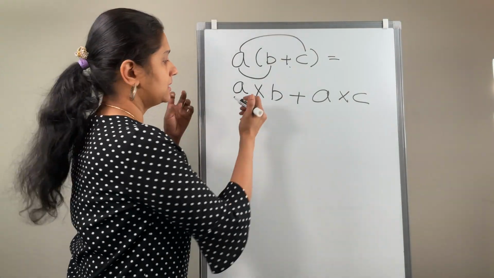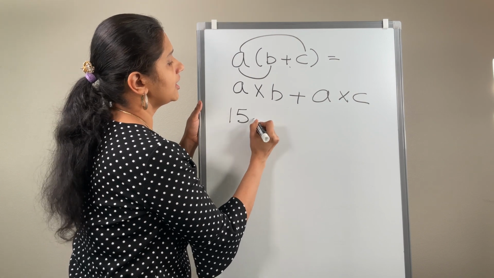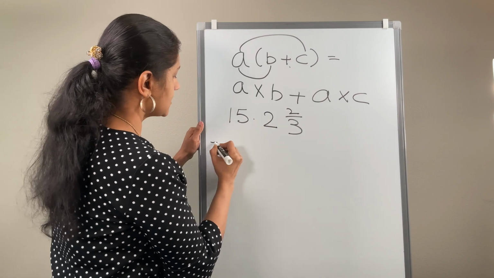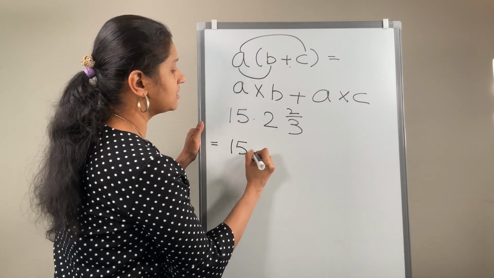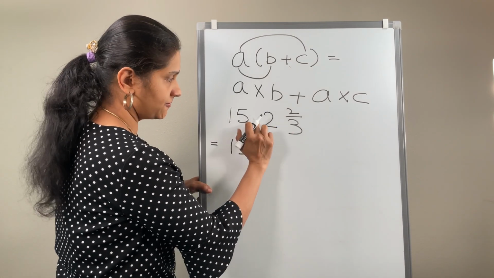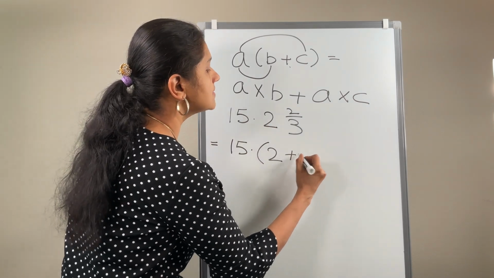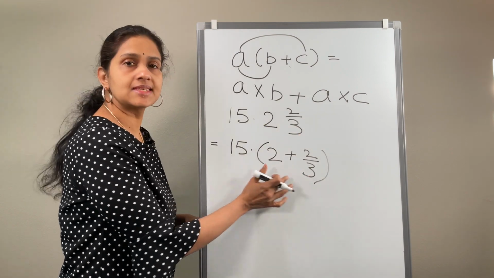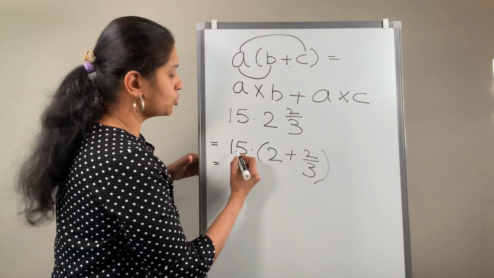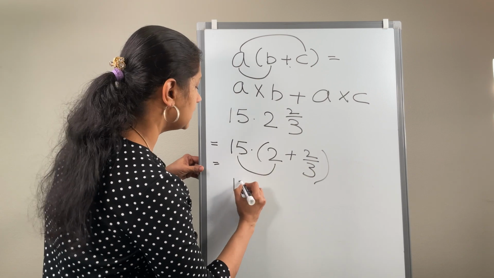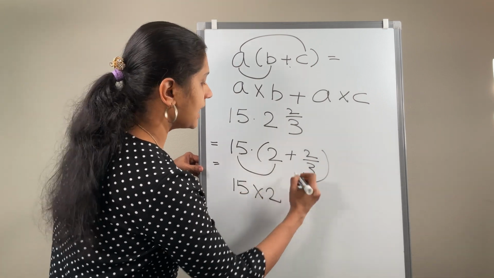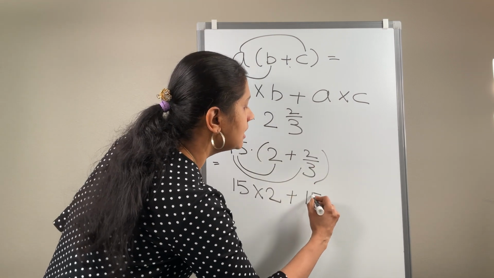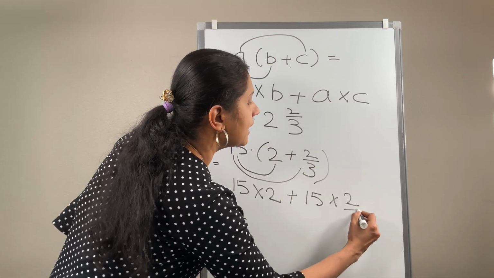Consider the example 15 times 2/3. As I told you, the 2/3 can be written as 15 times (2 plus 2/3). Don't forget to put this addition inside the parenthesis. Now we need to multiply 15 times 2, addition sign, again with the second number, 15 times 2/3.